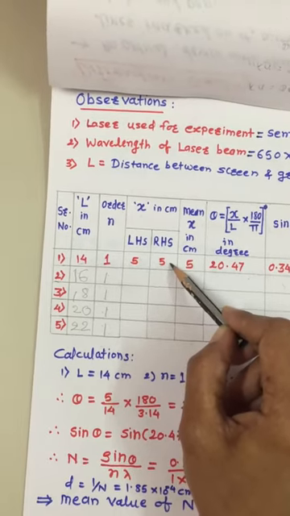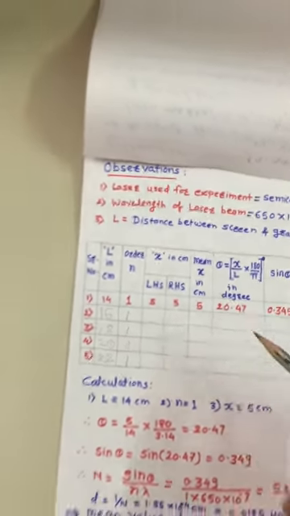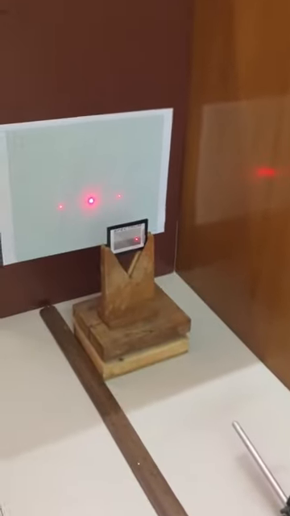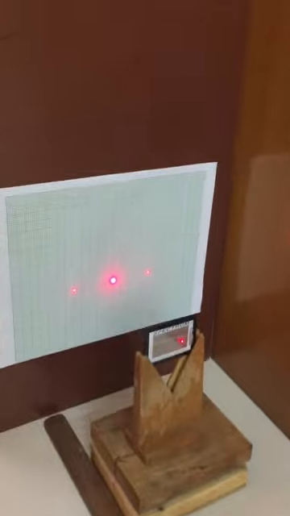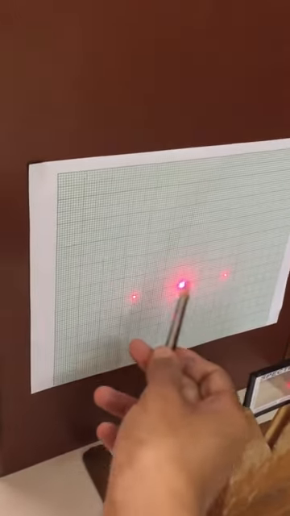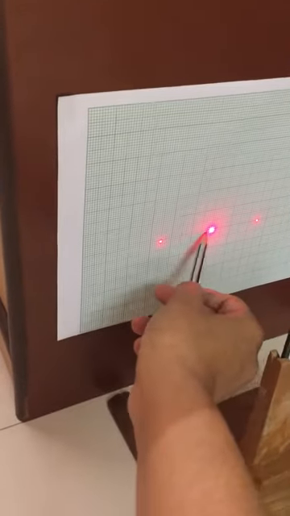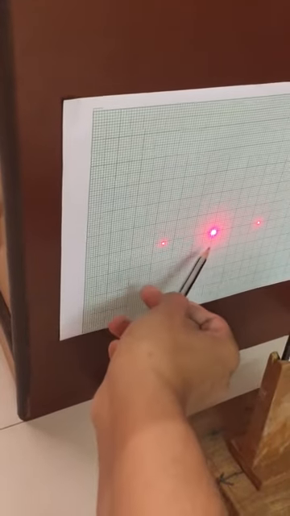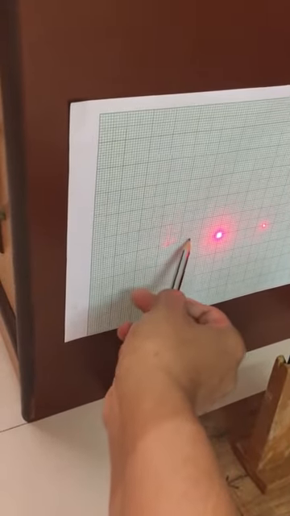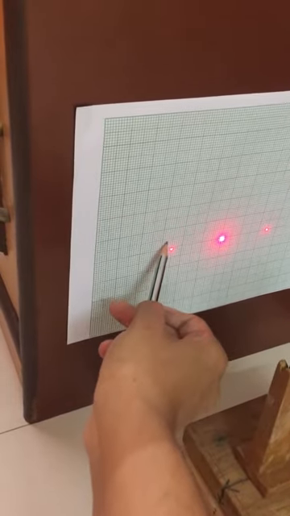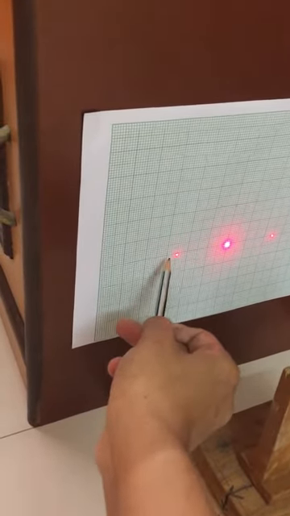Let us observe how this reading is taken practically. Light from the laser falls on the grating, and on the screen we are observing 3 spots. From the central maxima to this spot, it is 5 centimeter on the left side.